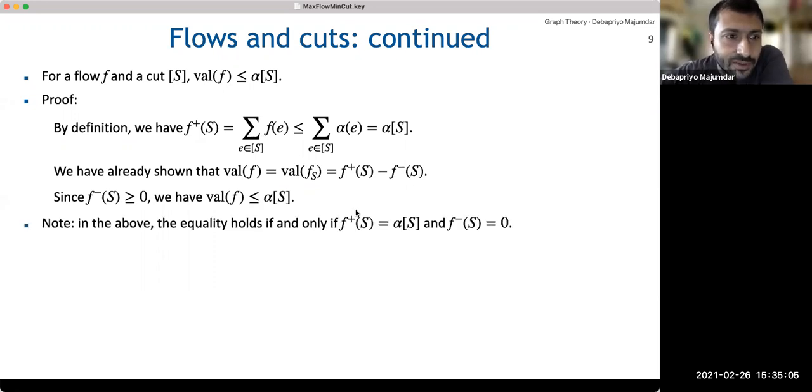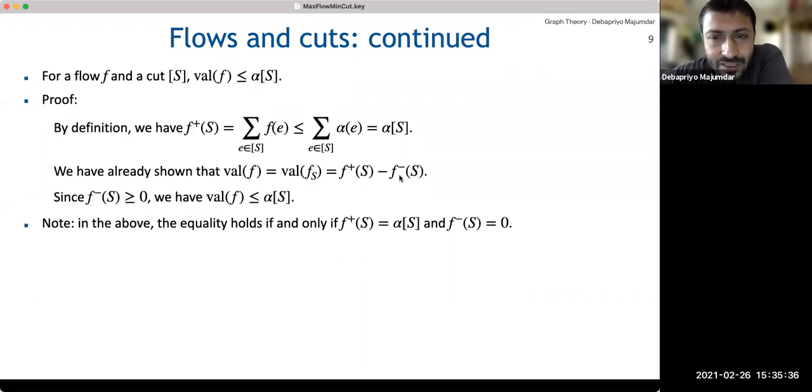Okay, good. Now, this is less than or equal to, but can it ever be equal? Yes. The equality holds if and only if, well, that's clear from this, because this is already less than or equal to the capacity. If this portion is positive, then this side cannot be equal to that side.